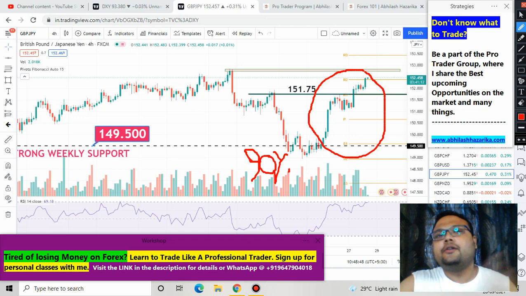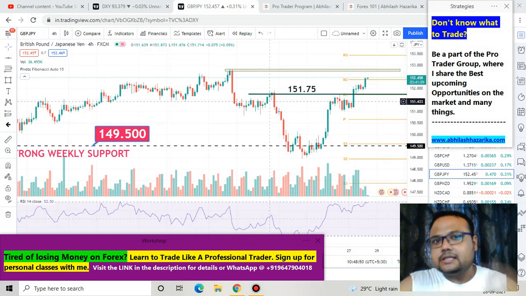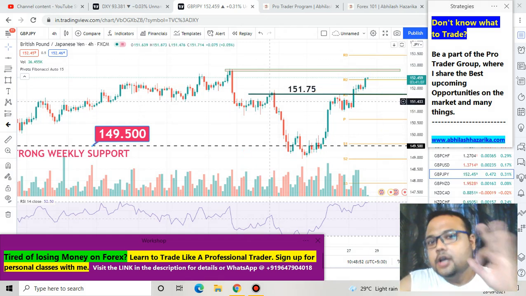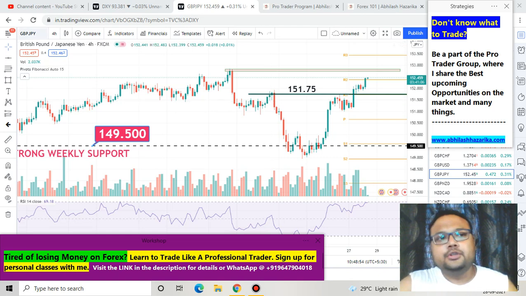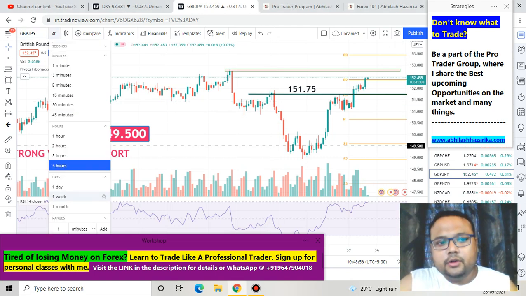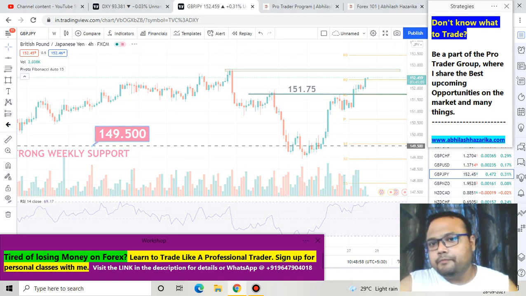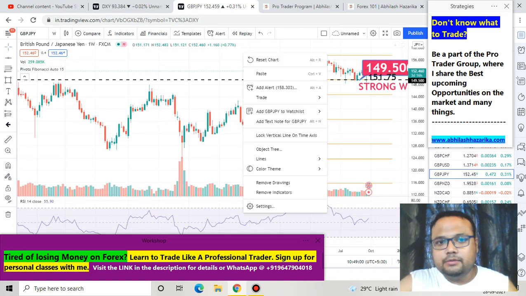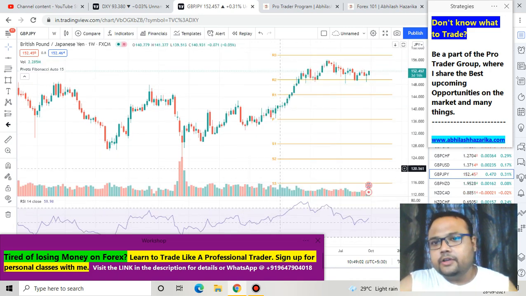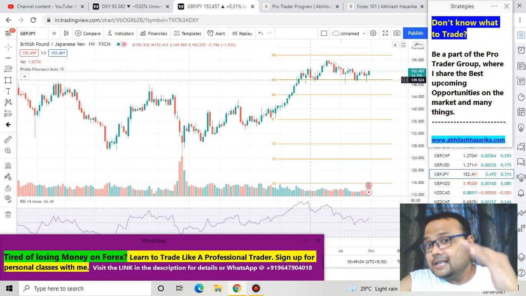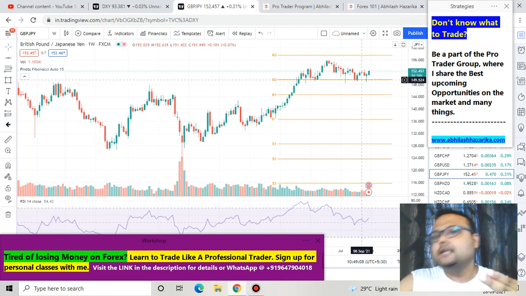So what should be our trading strategy then? The trading strategy is simple. In this market condition, we will only look for buying positions, because if we go to the weekly chart also, the weekly chart of GBPJPY, and if I remove the drawings, you can see that the market has successfully taken support at 149.50 level and is still going up.